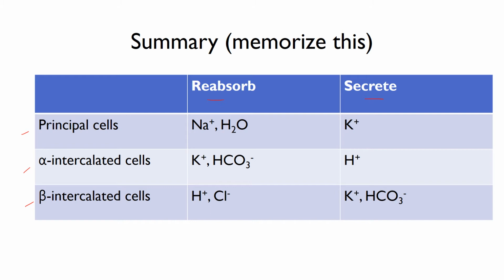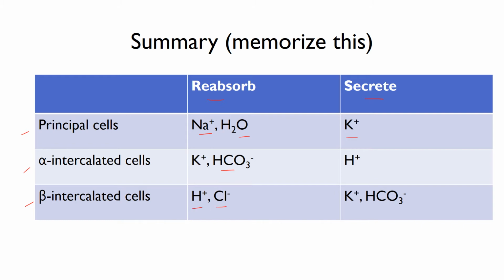As we continue on, we're going to look at reabsorption in principal cells. We'll look at secretion in principal cells, and then reabsorption in alpha and beta intercalated cells, and then secretion. So these are all separate processes. I will focus the most on sodium, water, and potassium, and talk a little bit about bicarbonate. I'll talk about chloride, but only a little bit about hydrogen.